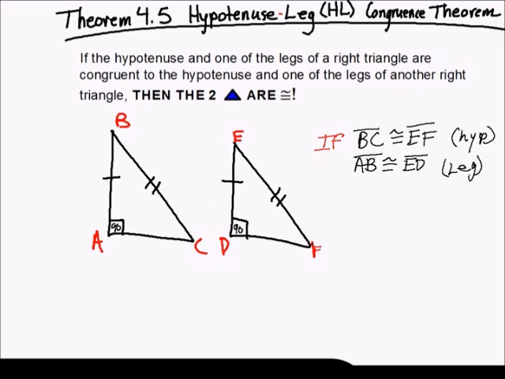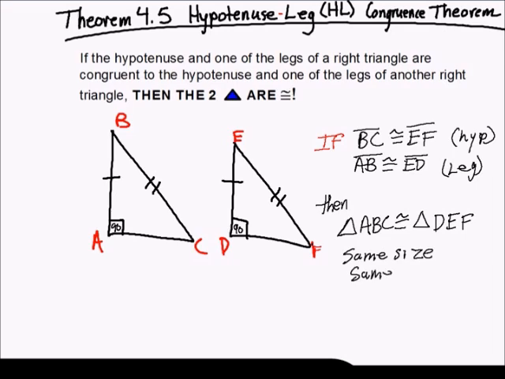I only need one pair of legs. So here's a pair of hypotenuses, here's a pair of legs. Then I know that triangle ABC is congruent to triangle DEF. Okay? So same size and same shape.